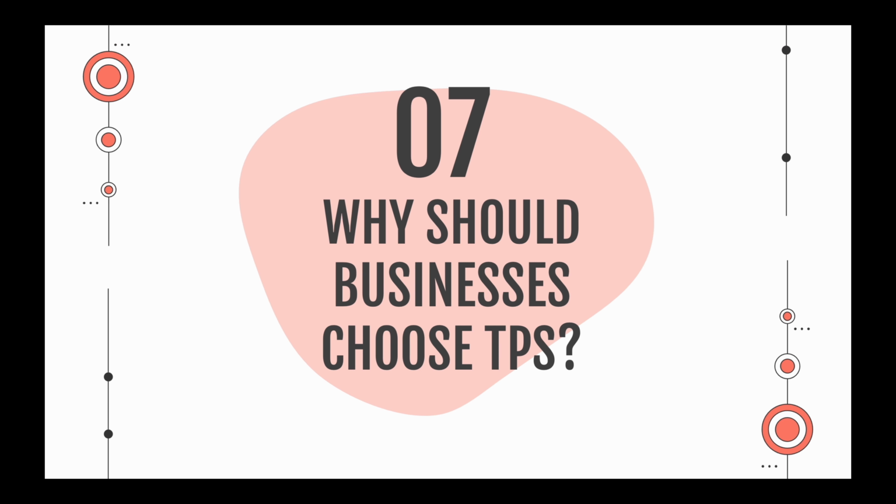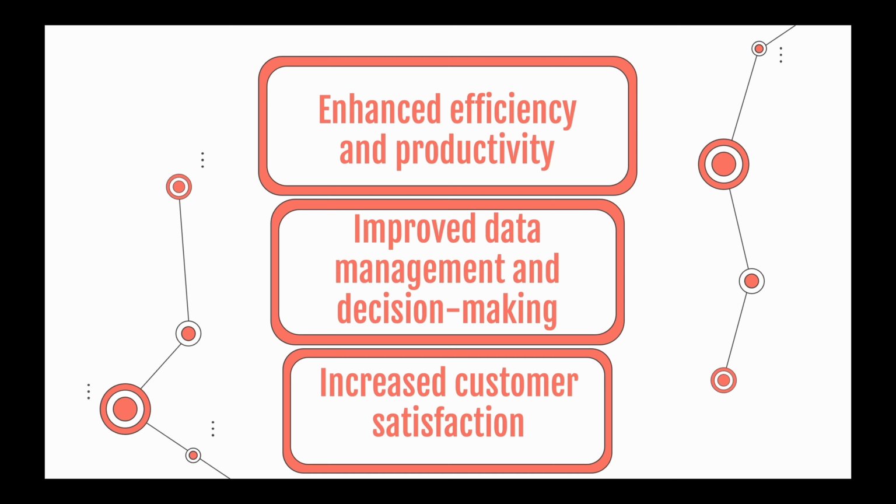Before we move to the swim lane diagram, we should know why businesses use a TPS. In today's fast-paced business world, efficiency and accuracy are paramount. Transaction processing systems have become essential tools for organizations of all sizes, streamlining operations and empowering data-driven decision-making.